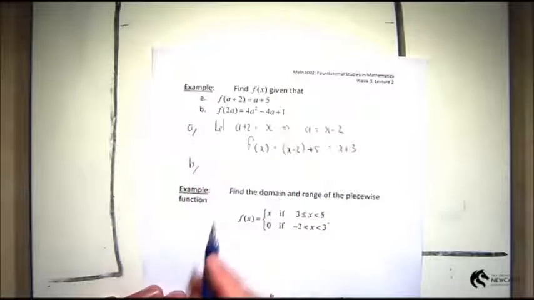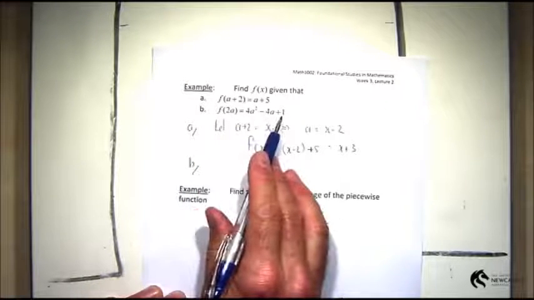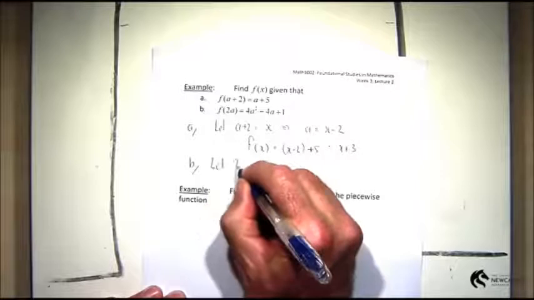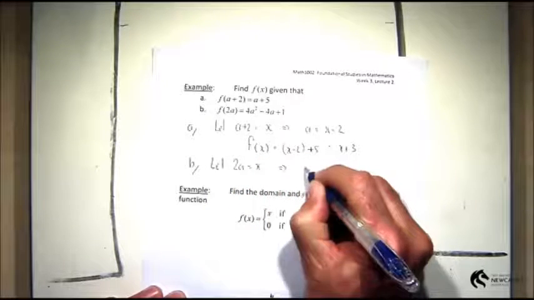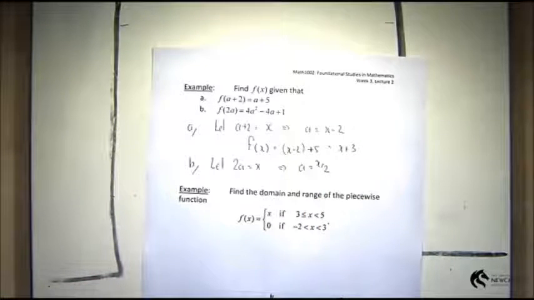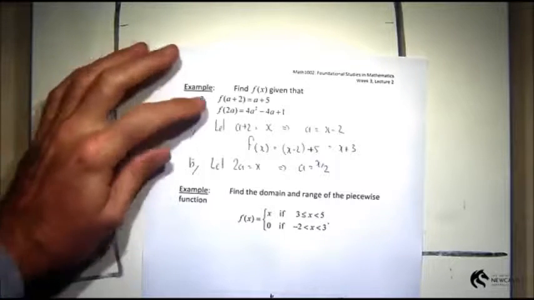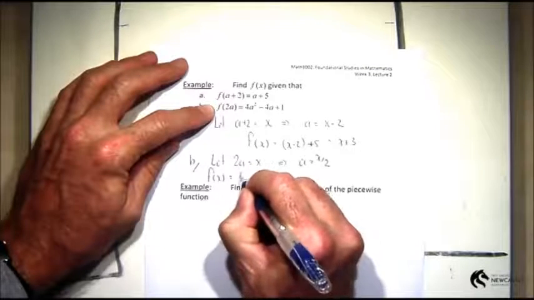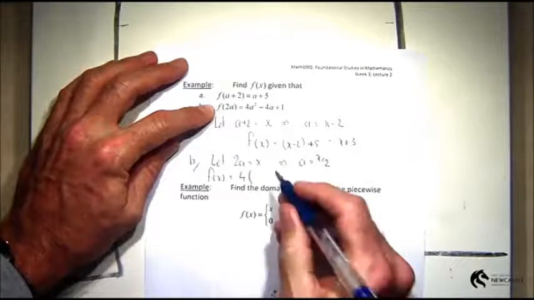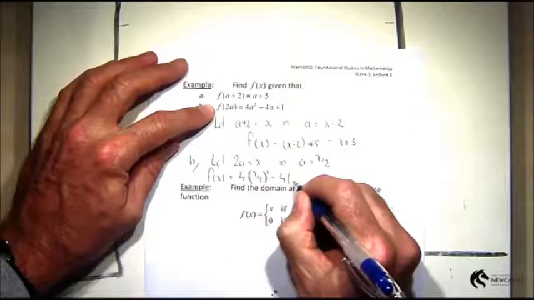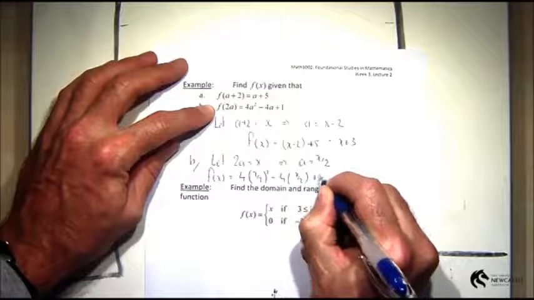Likewise, in part B, it says, if f(2a) is this, what is f(x)? So I begin by letting 2a be equal to x, and that says, therefore, a is x on 2. And so from the equation, f(2a) is 4a squared minus 4a plus 1, I have f(x) is 4 times, now a is x on 2, so I have x on 2 squared minus 4 lots of x on 2 plus 1.